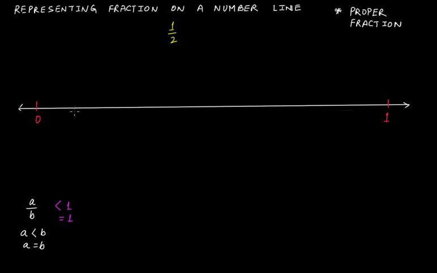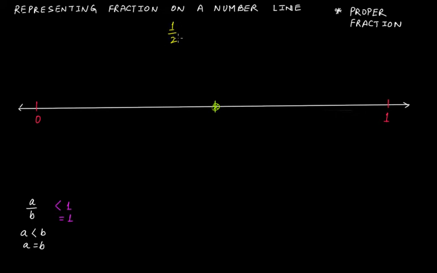On the basis of this, if I have to represent 1 by 2, it means I have to divide the distance between 0 and 1 into two equal parts, just like a pizza. If I divide 0 and 1 into two parts, and the center is somewhere here, this is the division point where the line has been divided into two equal parts.